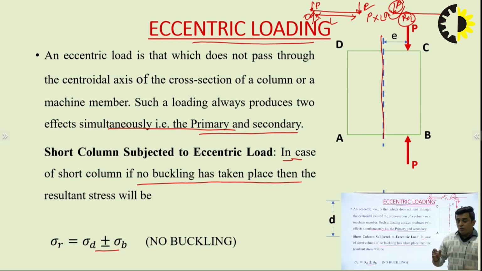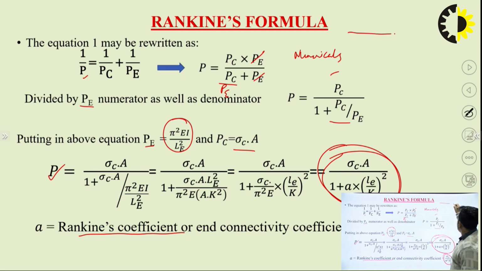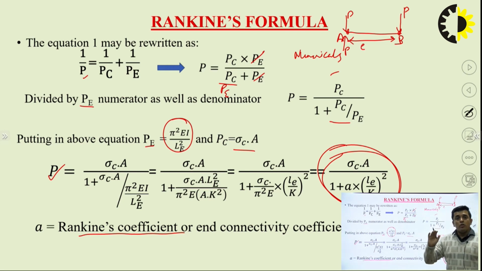So if anyone is having a little bit of confusion, let me explain this thing. If there is any load P like this, and you need to shift this load from this point to this point, what do you need to do? Suppose this is a load working at point B and you need to shift the load to point A. You apply the same amount of load in upward direction and downward direction at point A. Now observe which of these three forces are working equal, opposite and parallel to each other.